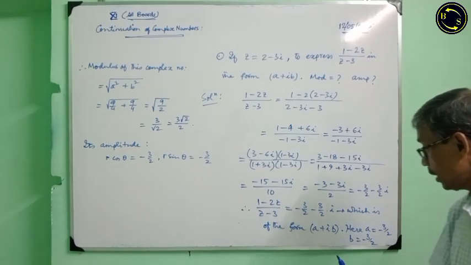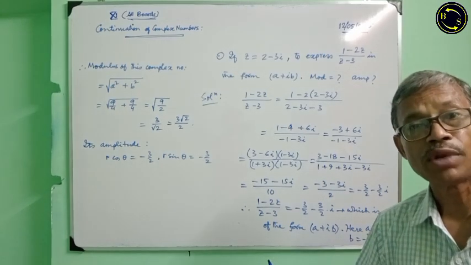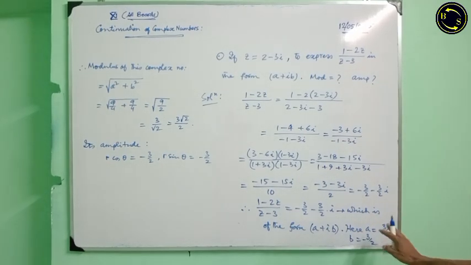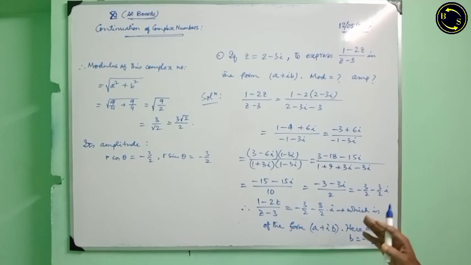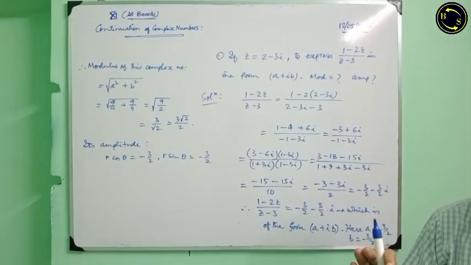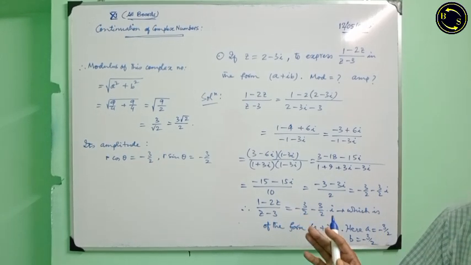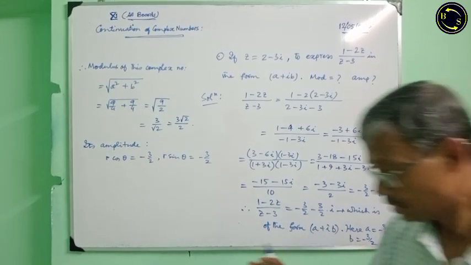Also, one thing, first you locate the position of the complex number in the z plane or complex plane. Here a, b both negative. That means z is lying in the third quadrant. Both negative, that is to be kept in mind.